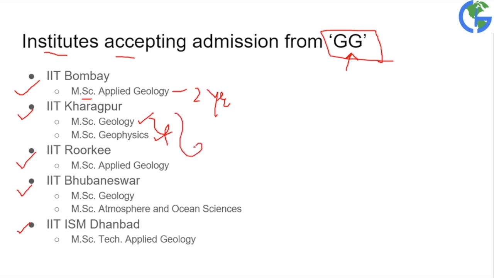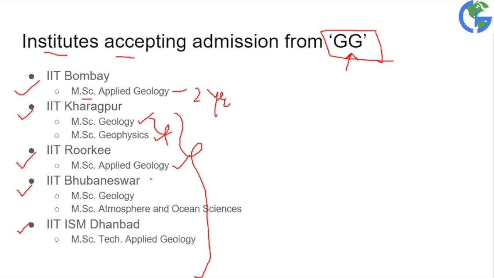See, these programs can be clubbed with PhD as well, so they can be dual degree as well, but more or less only these 7 programs accept admission from the GG JAM examination, right? So you must have an idea about these. In IIT Kharagpur there are 2 programs, MSc Geology and MSc Geophysics. Then in IIT Roorkee there is MSc Applied Geology.